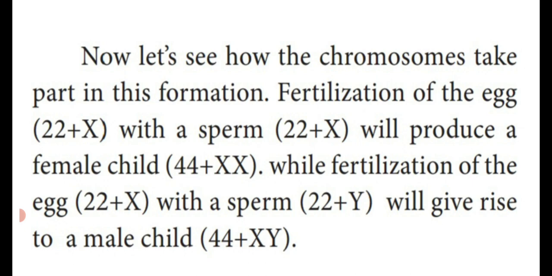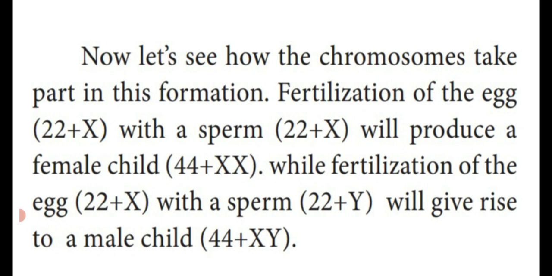Dear students, I hope you all understood what is homogametic. That means 22 pairs plus XX chromosome, which is denoted as a female. Heterogametic means 22 pairs plus X, and another 22 plus Y, which is male, known as heterogametic condition.